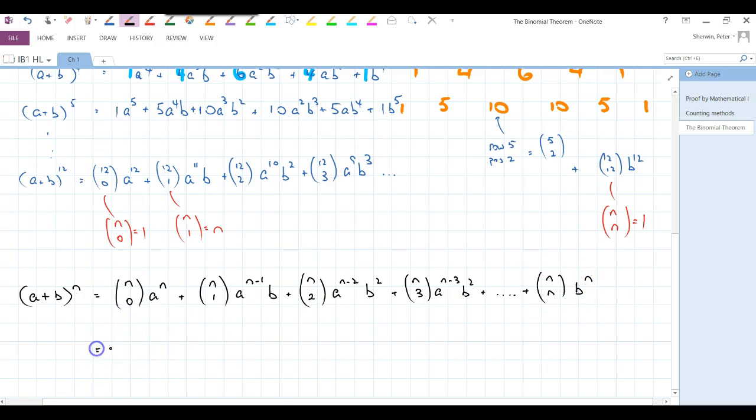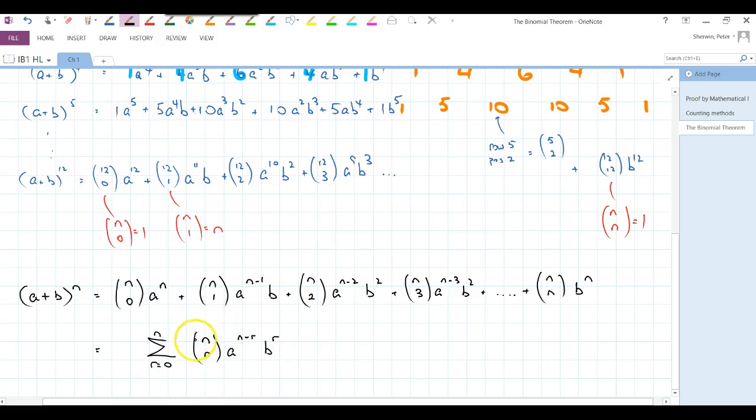Now this can be written in shortened format using sigma notation. If we go from r equals 0 to n, what are we saying? It'll be nCr, a to the n minus r, b to the r.